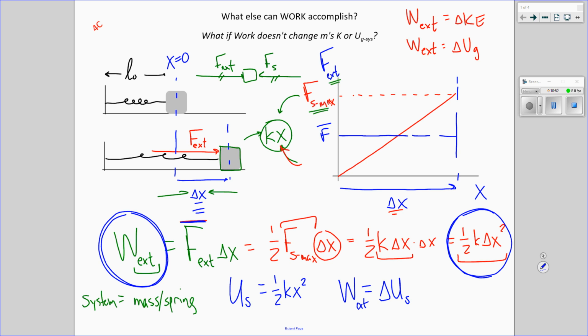So what we're getting at is, what is it that work does? Well, work by definition, in order to say work was done, there must be a force that's applied that results in the displacement of an object. Okay, so those are criteria, but what does it mean to do work? Well, it means that you change some sort of energy.